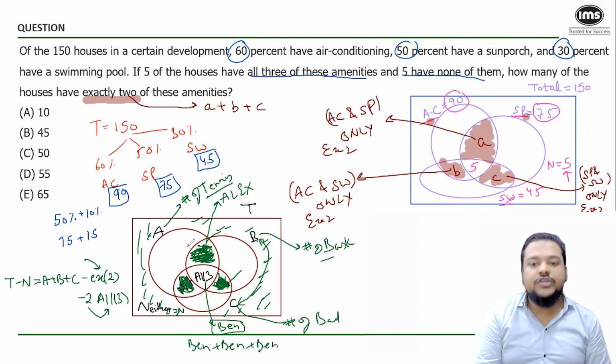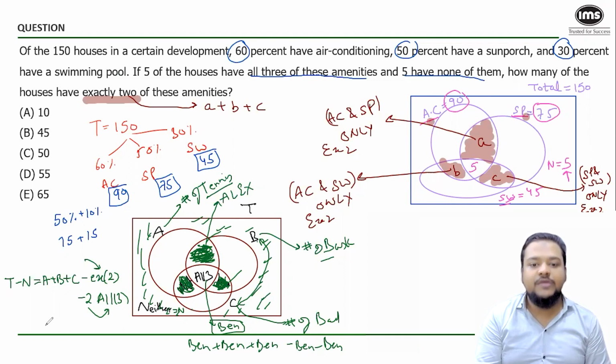Because Ben was there in the list of tennis players, the list of basketball players, and the list of badminton players. But Ben is a single person, right? How can you count him thrice? To rectify this, I need to subtract Ben two times. That is why we have subtracted all three twice. I hope you have understood the formula.